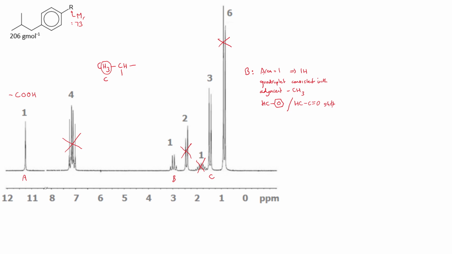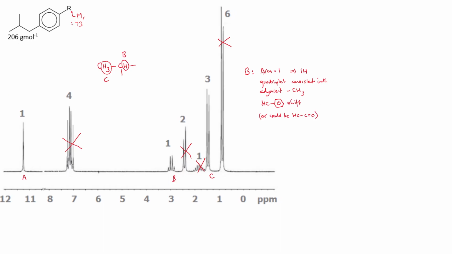Chemical shift wise, we've got two possible reasons why that chemical shift is in that sort of 2 to 3 ppm region, which is that we know we've got a benzene ring in the structure, so it could be adjacency to that, but we also know, of course, that we've got a carboxylic acid group. So there's our assignment of peak B.